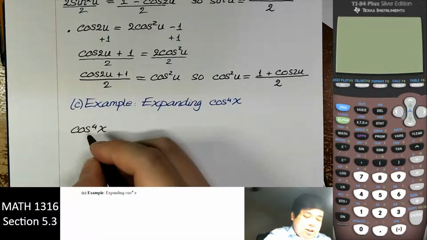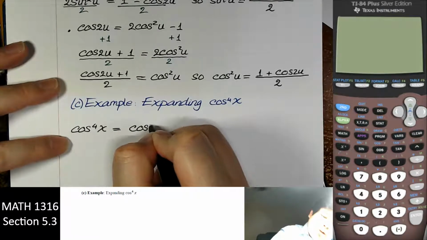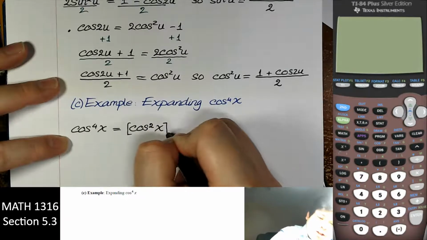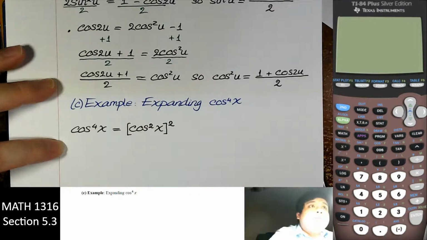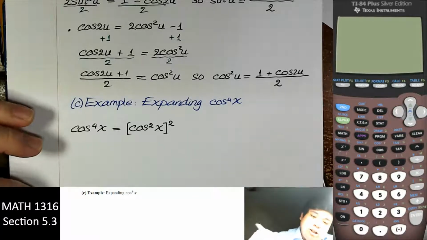So first, cosine to the fourth is cosine square, and then we square. So that's the first one.